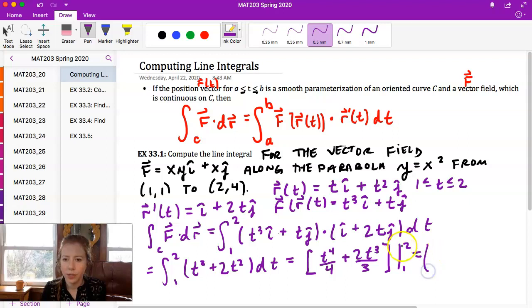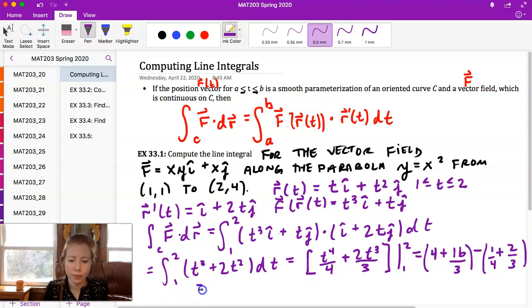All right, so it's going to be 2 to the 4th over 4, which is going to be 4, plus 2 cubed times 2 over 3, which is going to be 16 over 3, minus 1 over 4, plus 2 over 3.